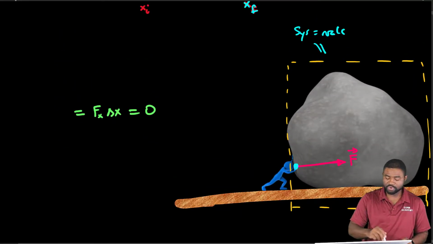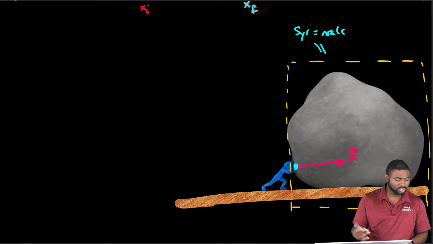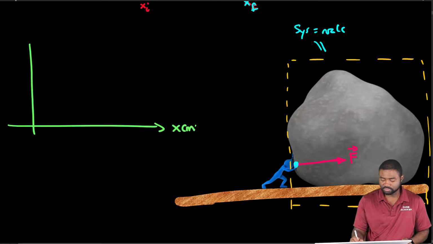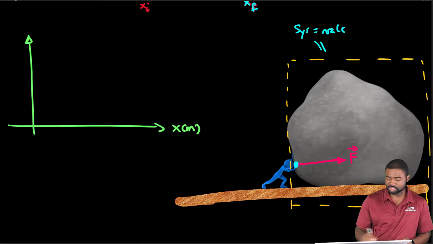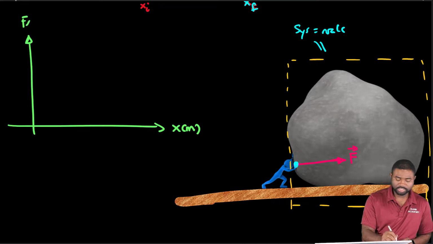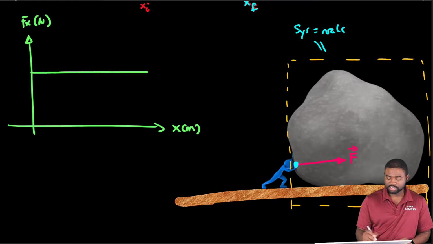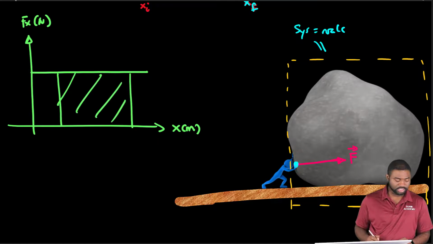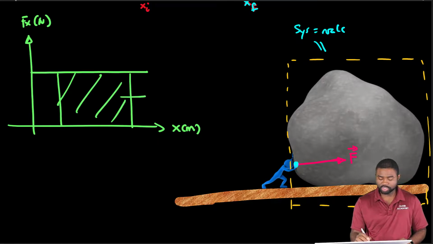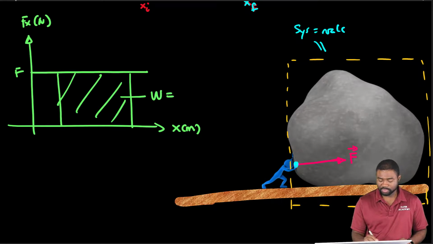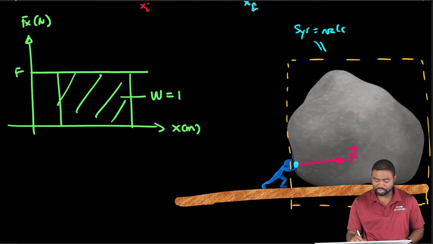Now, the last thing before I go is that if you draw a graph, where this is x, the displacement in meters, and this is the force in newtons, you will recognize that the area bounded by this graph represents the work done by the force. Remember, the area bounded by this graph is equal to the force multiplied by delta x.